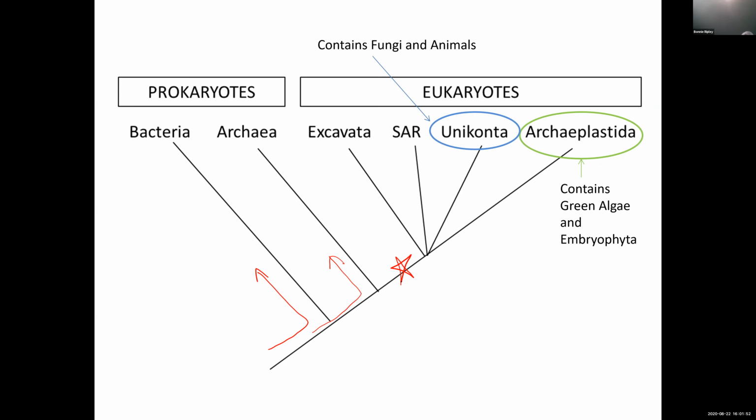You can see that this category is a bigger category than kingdom. And the archaeplastids includes the land plants as well as green algae. So the land plants, we're going to start referring to them as the embryophytes, and that's going to equal plants.